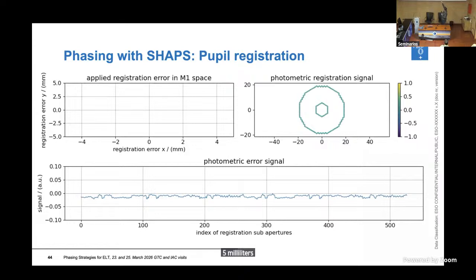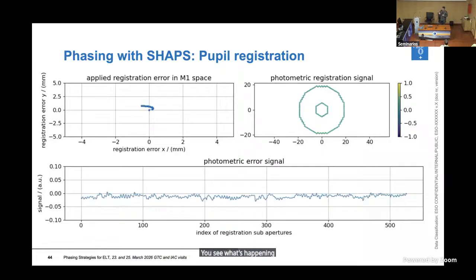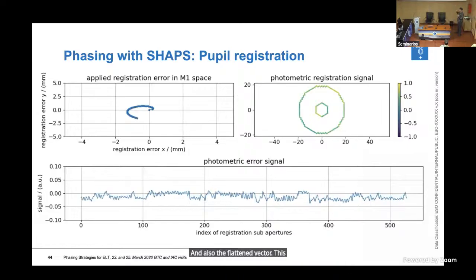The photometric signal in a spatial scale, which looks like the upper right plot, and then flattened as a vector, is something that you will detect. If I play the movie, you see what's happening. We're moving in this lateral registration space. You see that the photometry actually changes in the upper right plot, and also the flattened vector, which is the signal that you get.